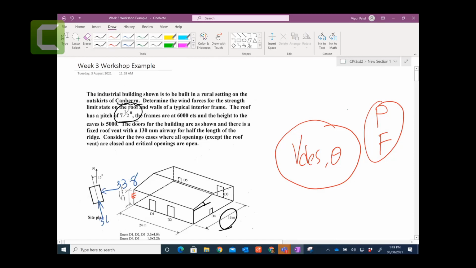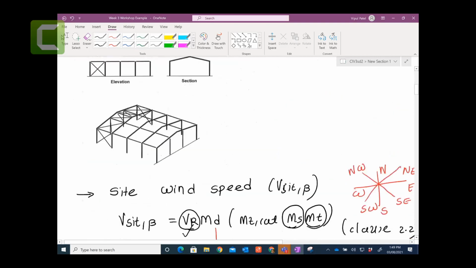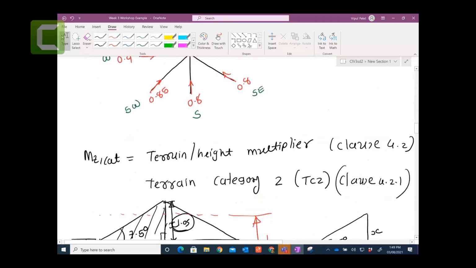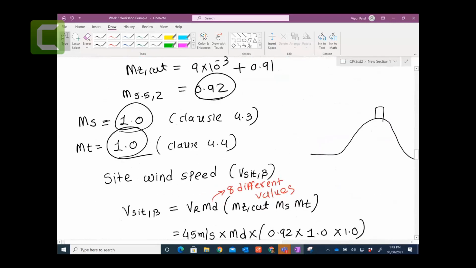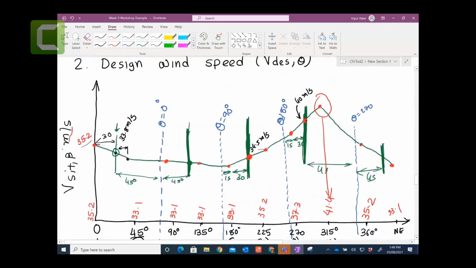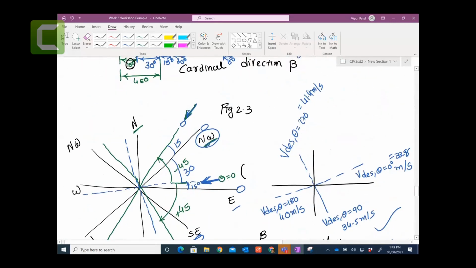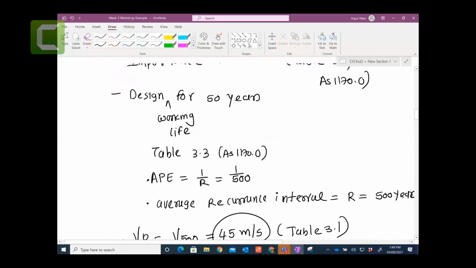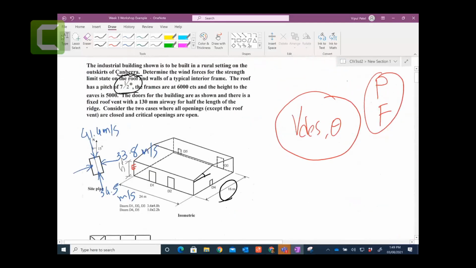I think here 34.5. Here I don't remember that, or this is 41.4 meter per second. That's what we found, right? This is meter per second. And then the last one that we got is 40. Yep, that is 40.